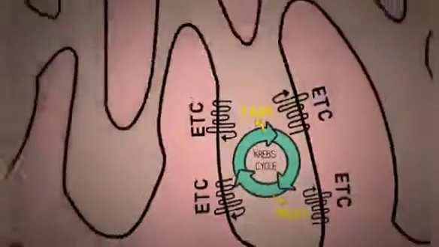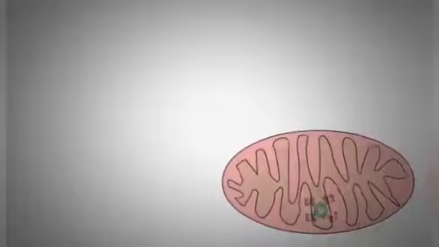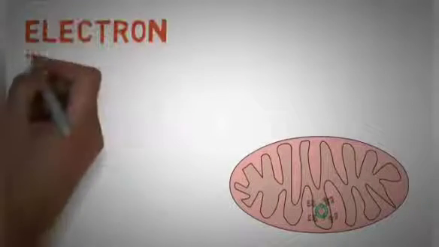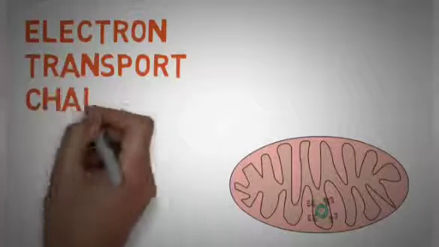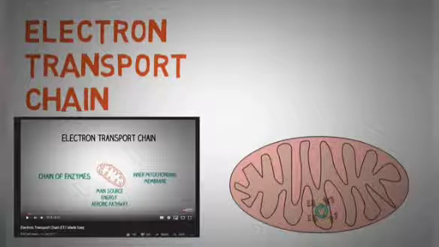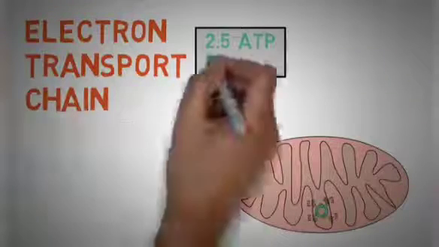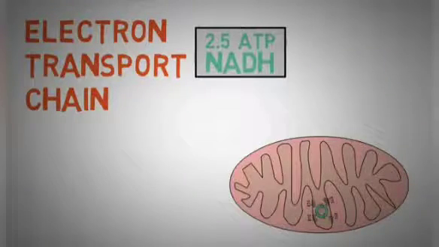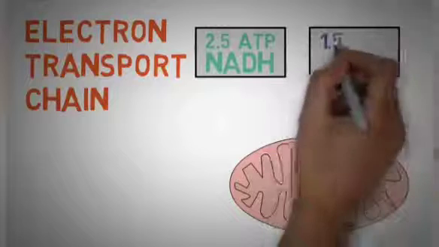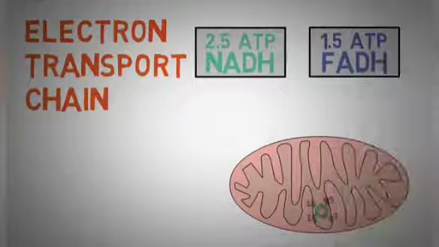Now the details of how these ATPs are produced in the electron transport chain and how many ATPs are produced are covered in our video about the electron transport chain on our channel. In a nutshell, you can remember that about 2.5 ATPs are produced by one NADH and 1.5 ATPs by one molecule of FADH.